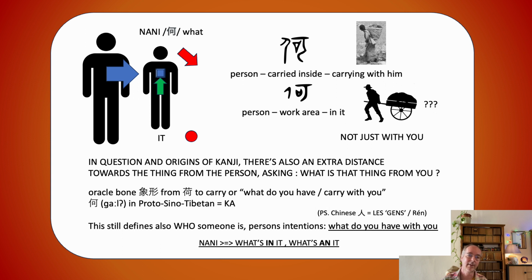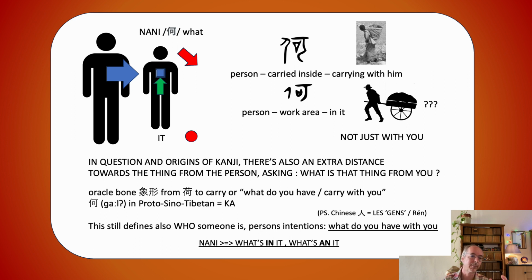Why NANI, I already explained, it's almost like the opposite of in and an. So what is connected to someone, and what is connected in someone, and what is connected in a certain process, and so on.